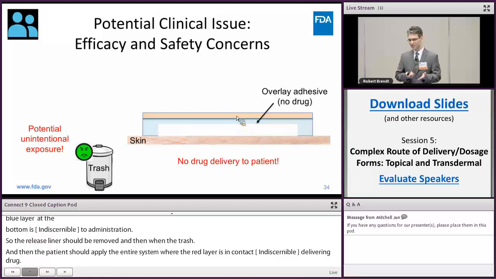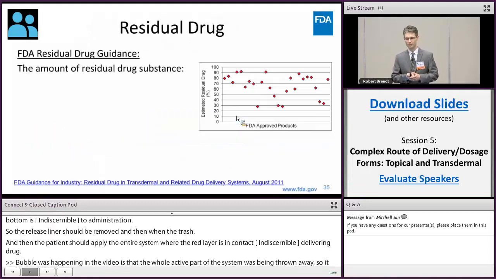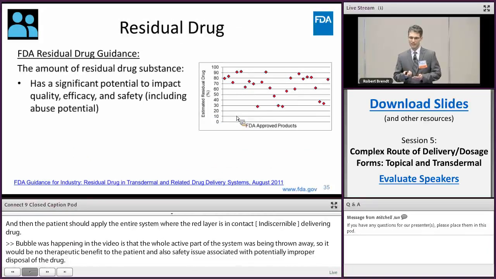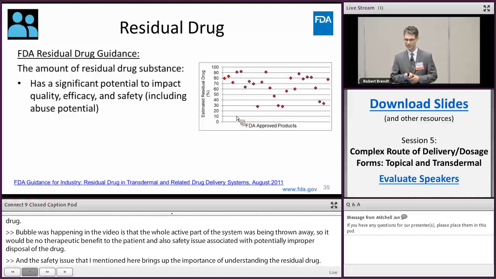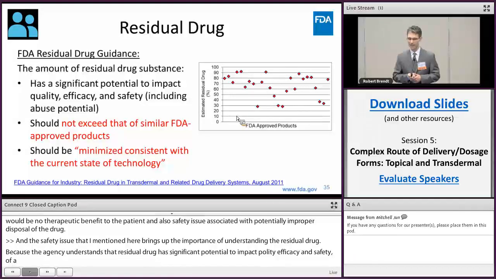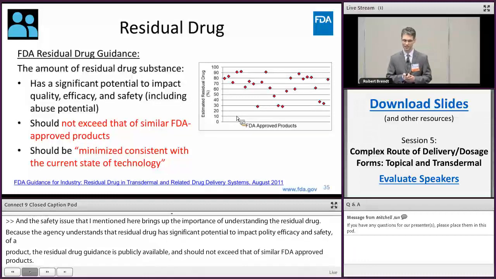And the safety issue that I've mentioned here brings up the importance of understanding residual drug. Because the agency understands that residual drug has a significant potential to impact quality, efficacy, and safety of a product, the residual drug guidance that's publicly available states that residual drug should not exceed that of similar FDA-approved products, and very importantly, that the amount of residual drug present in a system should be minimized consistent with the current state of technology.